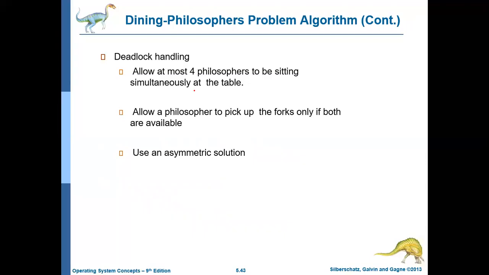So that's it about the classical problems of synchronization, and also about this particular topic, process synchronization. Under process synchronization, first we discussed race condition. What is a race condition? Because of race condition, data inconsistency happens with respect to shared data.